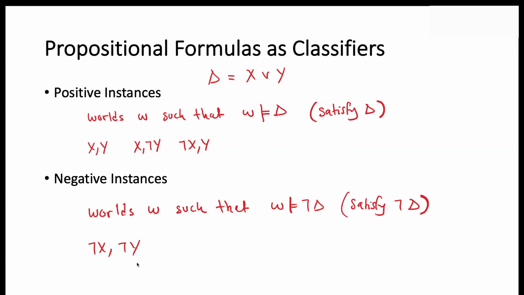Now, this becomes somewhat important because some of the manipulations that we were going to be doing later, like computing certain types of explanations, will say, oh, I can do it easily if my formula is in DNNF form, is represented as a tractable circuit. Now, in general, if you want to reason about both positive and negative decisions, and therefore positive and negative instances, not only do you need to have that delta in DNNF, you also need its negation in DNNF, okay?